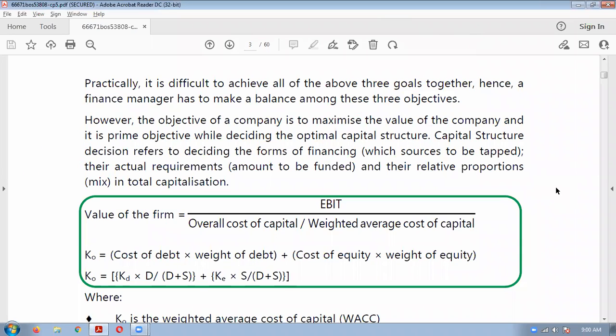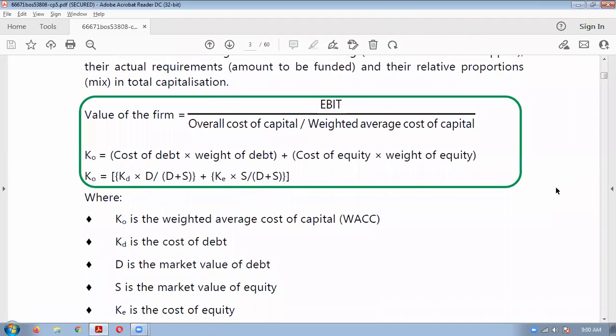Now, how is the value of the firm calculated? Note down this formula. Value of the firm is earnings before interest and taxation divided by overall cost of capital, or you can call it weighted average cost of capital also. So EBIT divided by weighted average cost of capital or overall cost of capital.